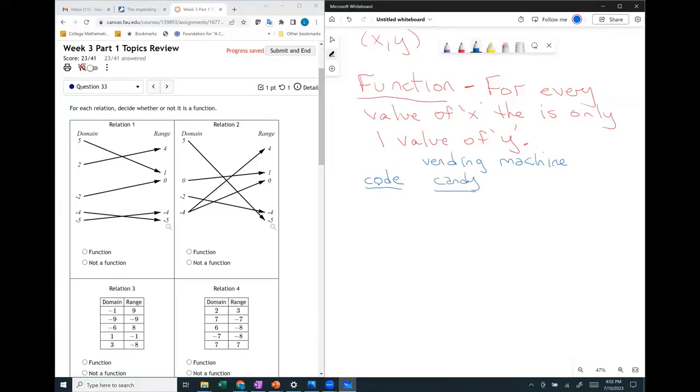Okay, so let's say I have a code of 1. I get candy is M&Ms. Code 2, candy is Snickers.